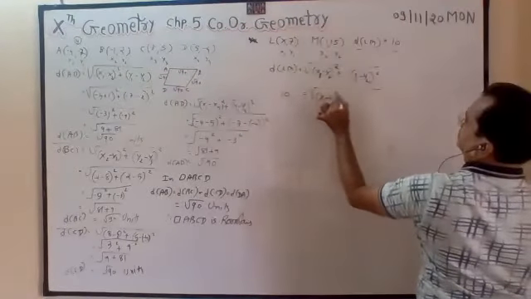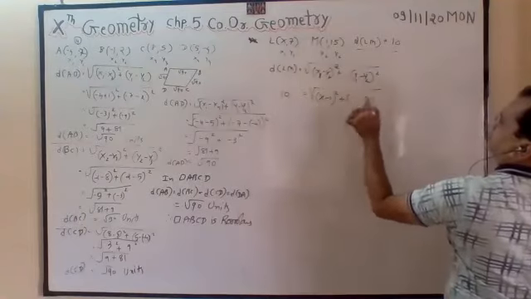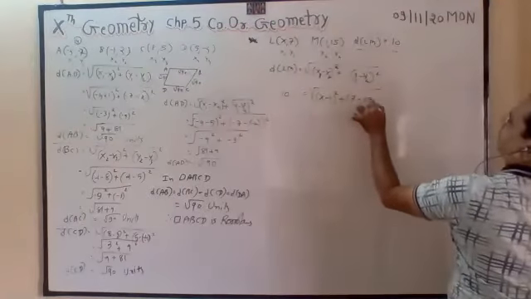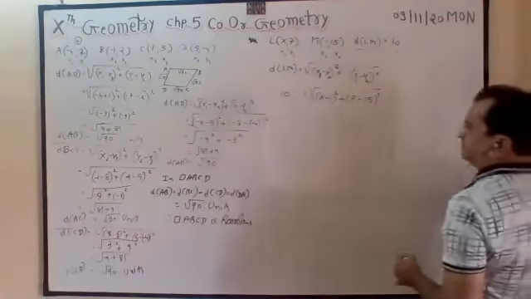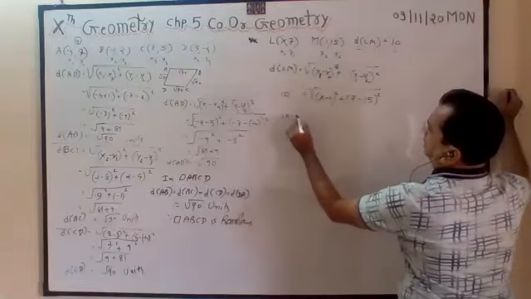So (x minus 1) square, (7 minus 15) square.